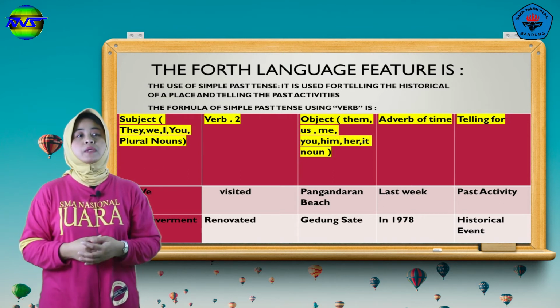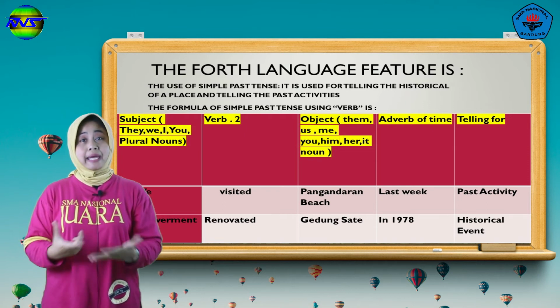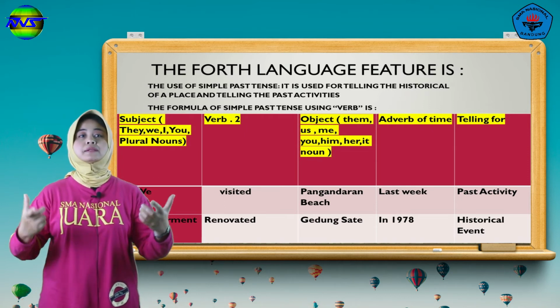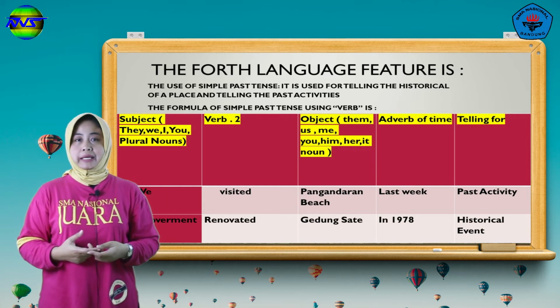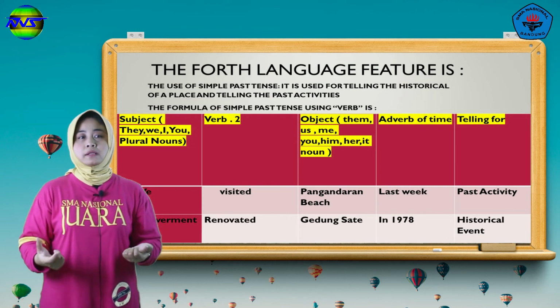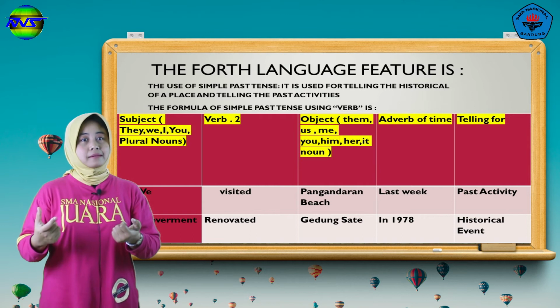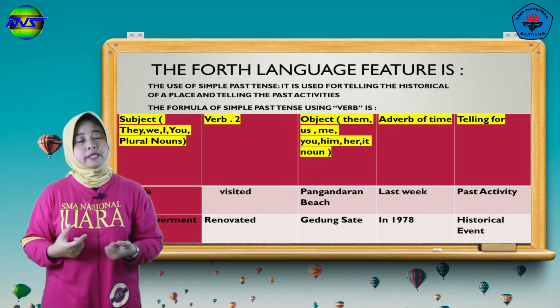For example, we visited Pangandaran Beach last week. It tells about a past activity. And the second sentence, the government renovated Gedung Sate in 1978. It's telling about a historical event.